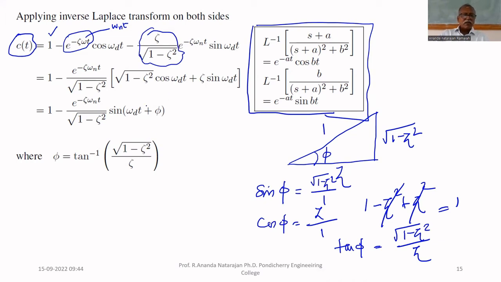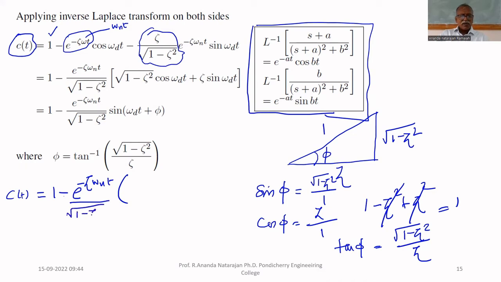Now we have to simplify. One more step we have to write. C of t equals, we can take this e power minus zeta omega nt outside. Therefore, we can write 1 minus e power minus zeta omega nt, and I want to take that 1 by square root of 1 minus zeta square also outside.